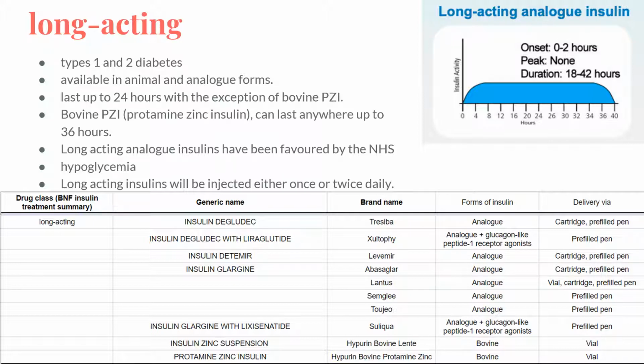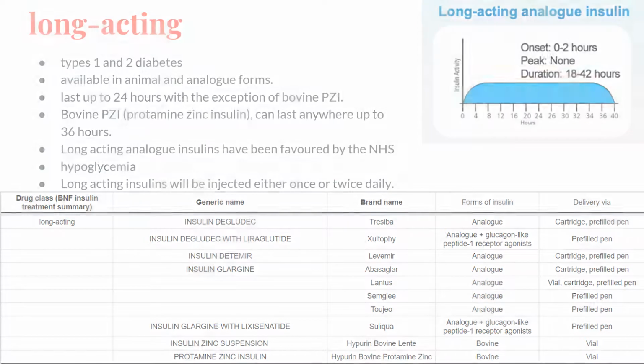Long-acting analog insulins have been favored by the NHS because the insulins have no peak activity as such, which allows for a consistent delivery of activity throughout the day. However, as with any form of insulin, hypoglycemia is a common side effect which one should be aware of. Long-acting insulins will be injected either once or twice daily.